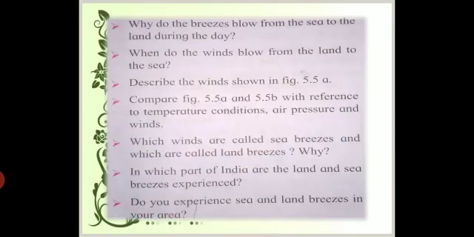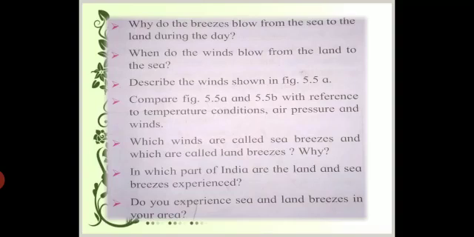Which winds are called sea breezes and which are called land breezes and why? A sea breeze is any wind that blows from a large body of water towards or onto land. It develops due to the difference in air pressure created by the different heat capacities of water and dry land.